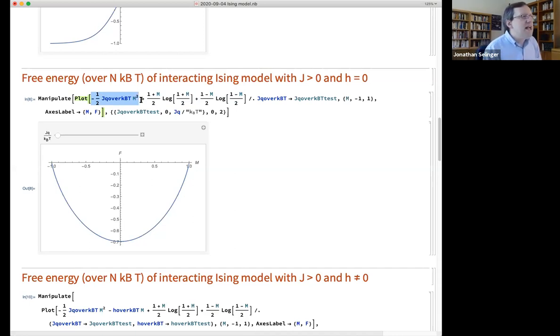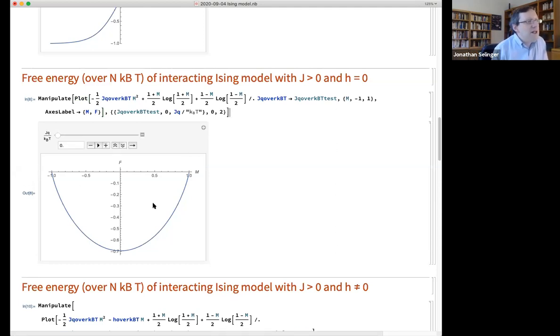And I have cleverly chosen my variable name, Jq over kT, which means J times Q divided by Boltzmann's constant times temperature. So here is a plot, and I'm going to now adjust the slider to vary this quantity Jq divided by kT.